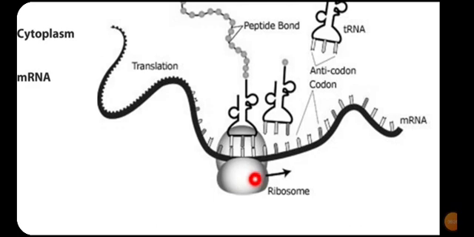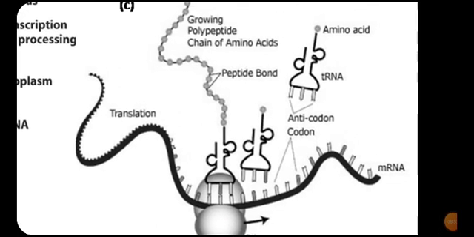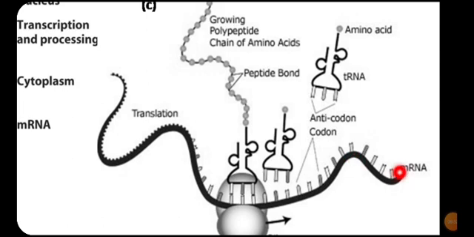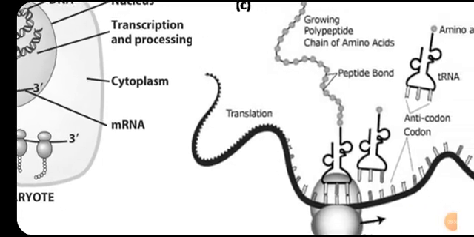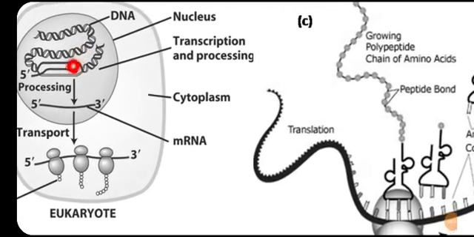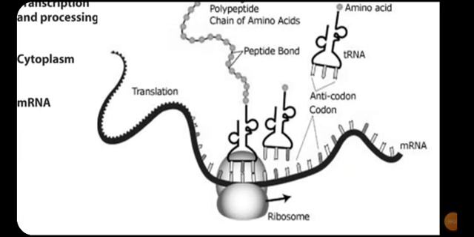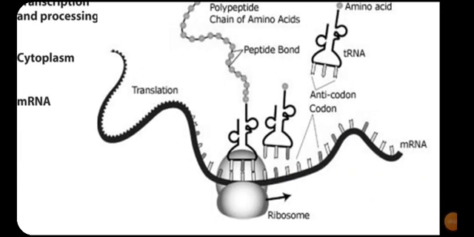So the RNA which is present in ribosome is called rRNA. Function of rRNA is it helps in the binding of mRNA to ribosomes. Then we also know that this mRNA carries the information which is there in this DNA. So that is the function of mRNA, and that is why it is called messenger RNA. It carries the message from DNA.